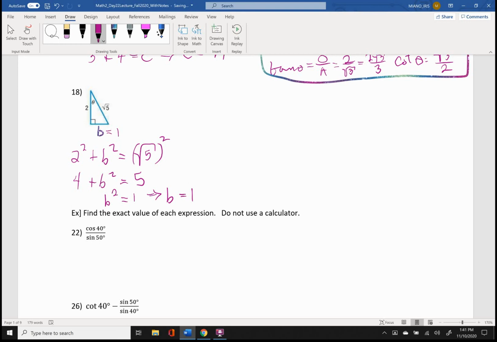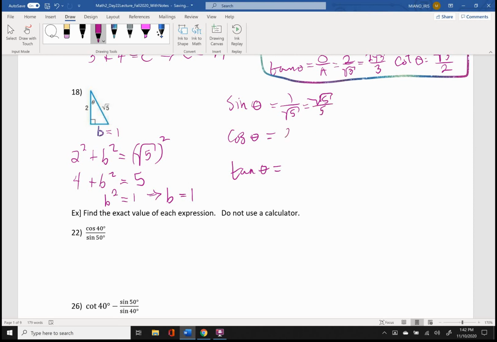We have all of the side lengths, and so we can go ahead and figure out sine theta, cosine theta, and all the rest, tangent theta. So sine was opposite over hypotenuse. That's 1 over root 5, which is root 5 over 5, rationalizing the denominator.